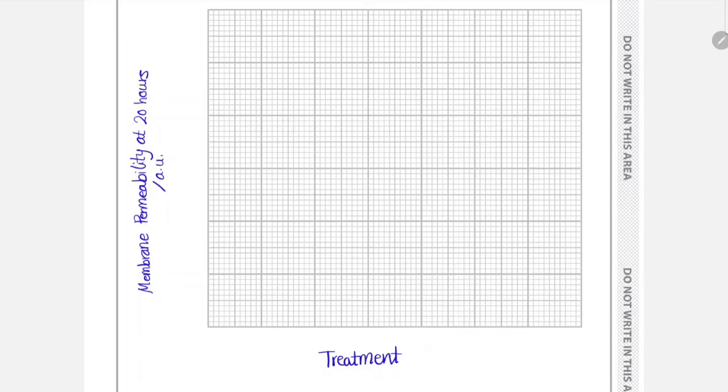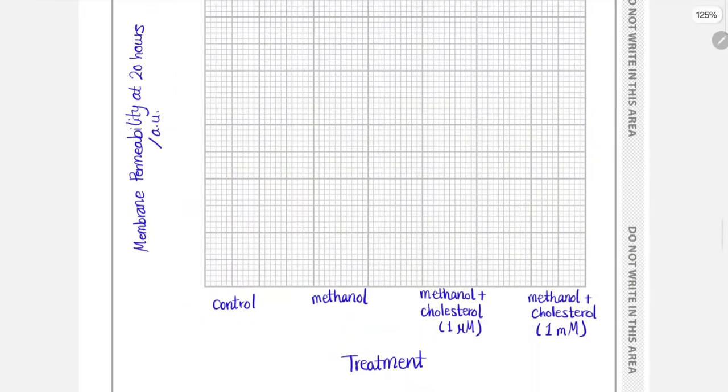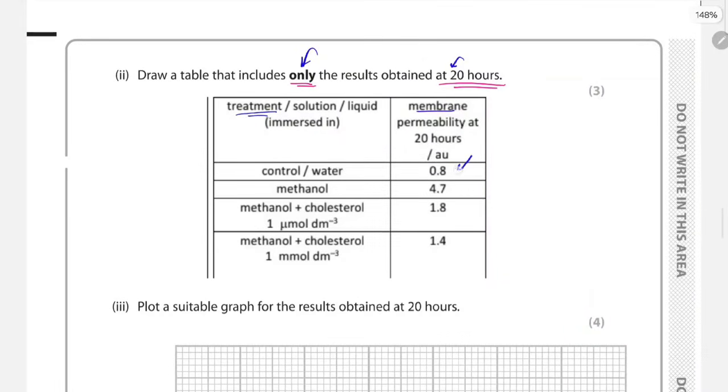Of course, we're going to use bar charts. As we have names of the treatment, they're not numerical, so I have to include names of these using a bar chart. So as you can see, I have placed the control, methanol, plus cholesterol for the micro and the milli units. For the y-axis, I have the minimum value at 0.8 and the maximum value at 4.7.